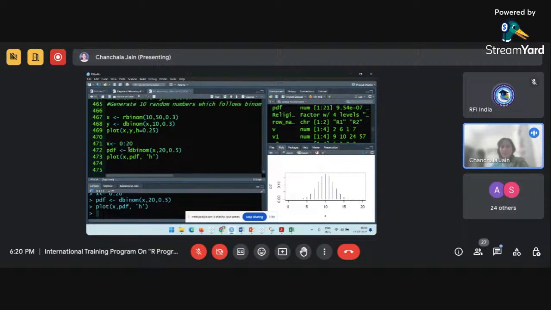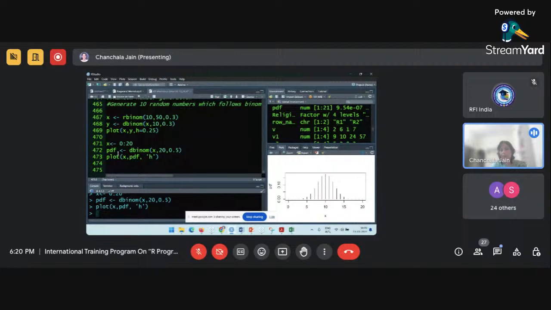Now you can see, suppose I have taken a sequence 0 to 20, means 0 to 20 numbers, 0, 1, 2, 3, 4 up to 20 will be stored in the X. Then for this X, I have used this dbinom. So the value of X will be 0, 1, 2, 3 up to 20, right? Because this is the size 20.